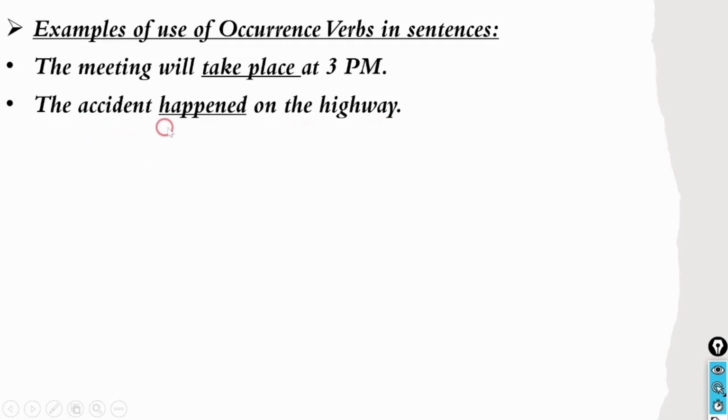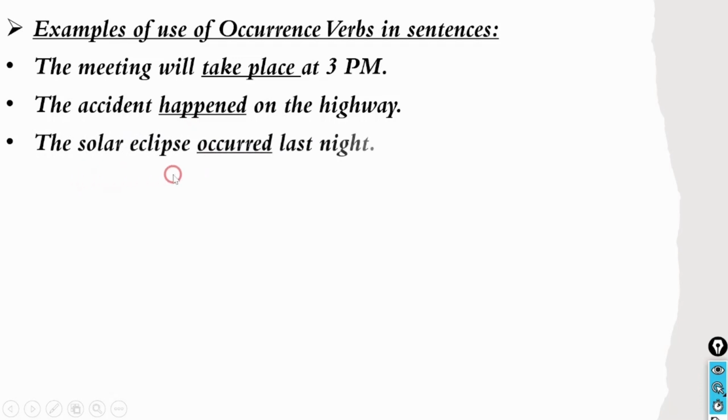If you say the accident happened on the highway, it means that's where it occurred. Okay. If you say the accident is on the highway, now that is the state of being. Now, if you say the accident happened, meaning that is where it occurred. Okay. The accident happened on the highway.